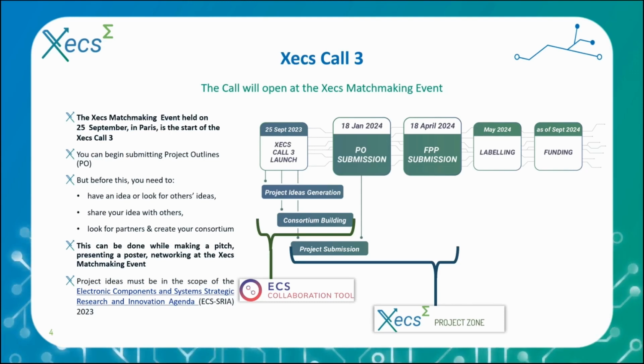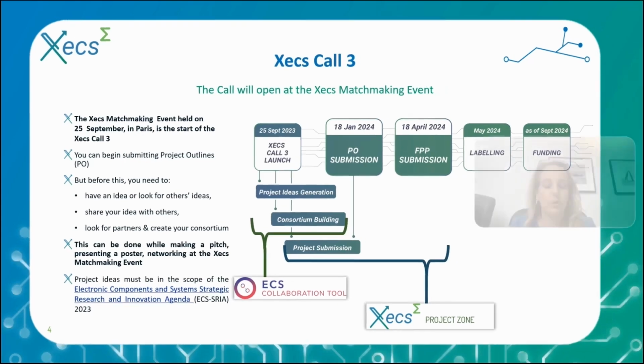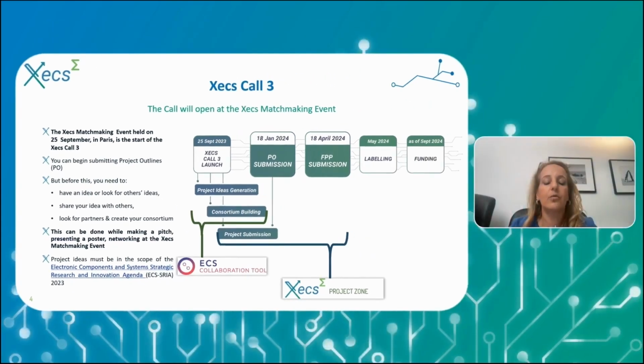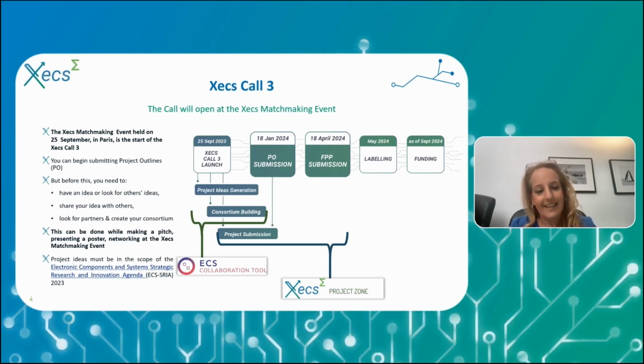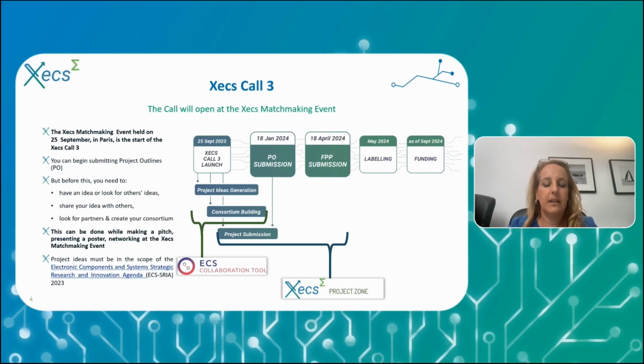This phase is really important, and to be part of it, you have some matchmaking opportunities. That means you can pitch, you can present a poster at the ECS matchmaking event. But for this, you need to go into the ECS collaboration tool to apply for this pitch and posters. So the ECS collaboration tool is linked to the Xecs matchmaking event.